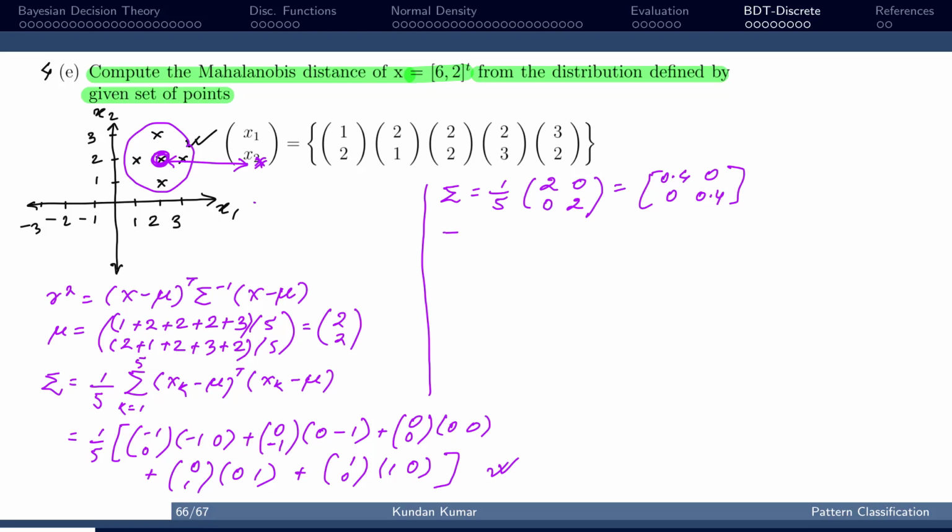When we calculate the inverse of the covariance matrix, since this is a diagonal matrix, the inverse is simply 1 by the diagonal elements. So this is our inverse of the covariance matrix, which is equal to [[2.5, 0], [0, 2.5]].